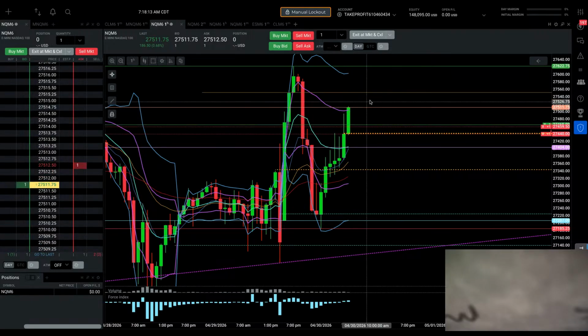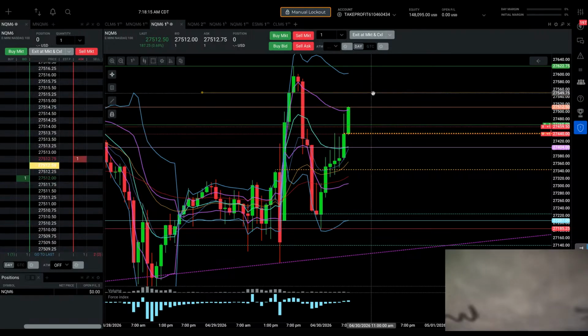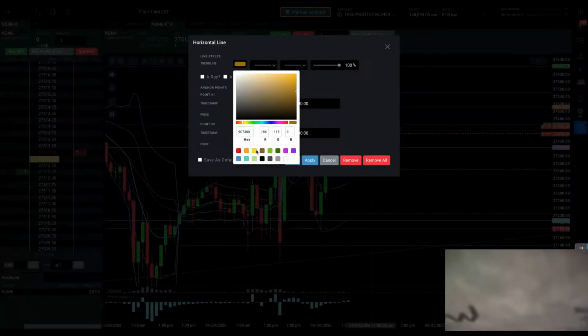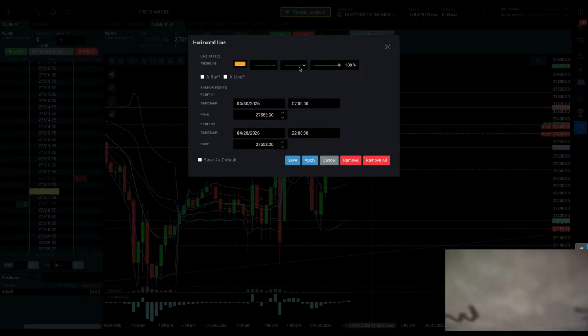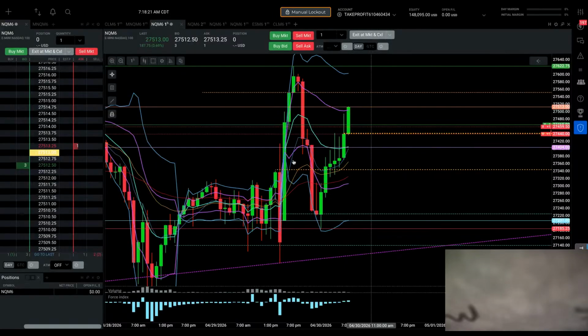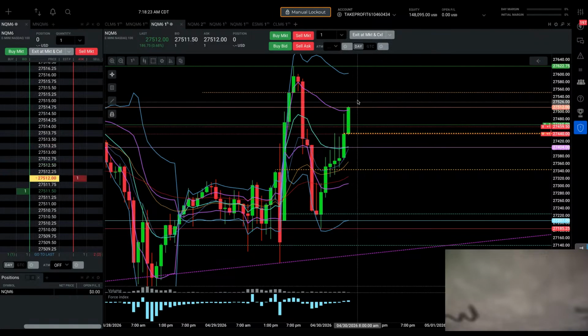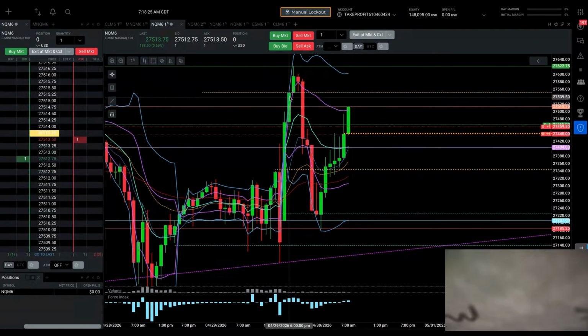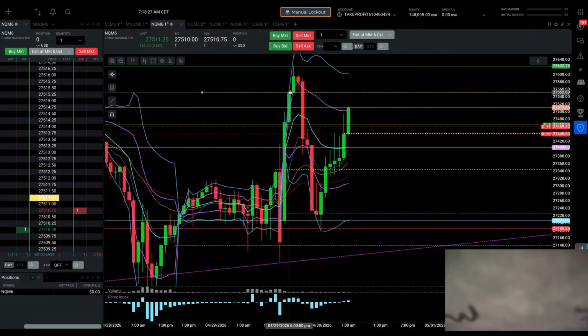Same thing. Let's do this one. Say price is right here. Typically what happens when price comes to this zone for the first time, right here at the top of this hourly candle and the bottom of this hourly candle, it's a good rejection zone.